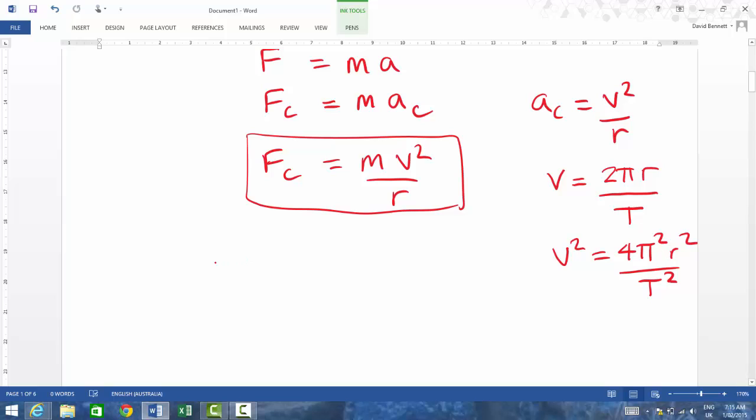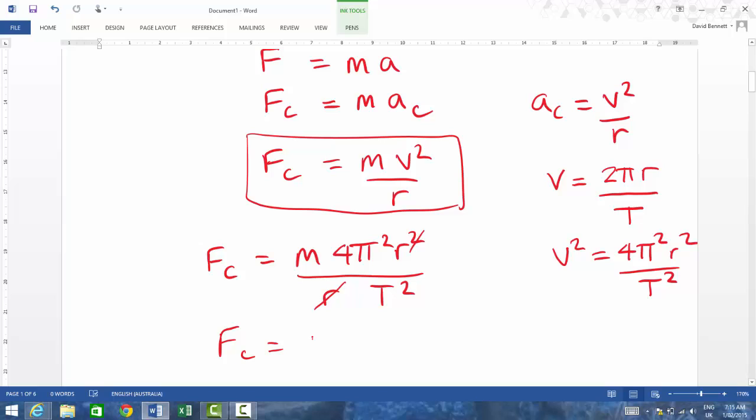If I put that into the formula over here, the force centripetal is equal to m 4 pi squared r squared, all over r, and then t squared. So then I could cancel out that r with that r over there. Therefore my final formula would be m 4 pi squared r all over t squared.